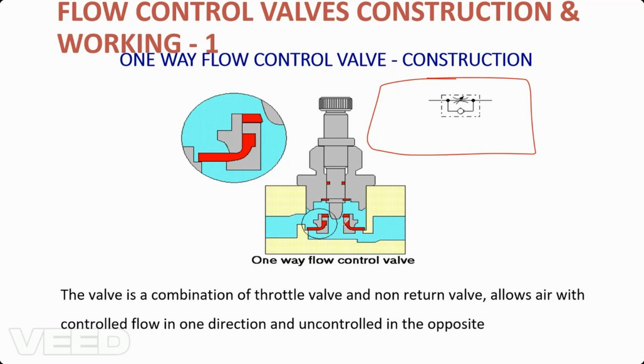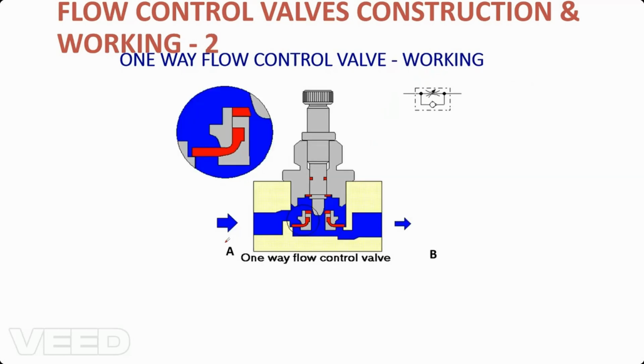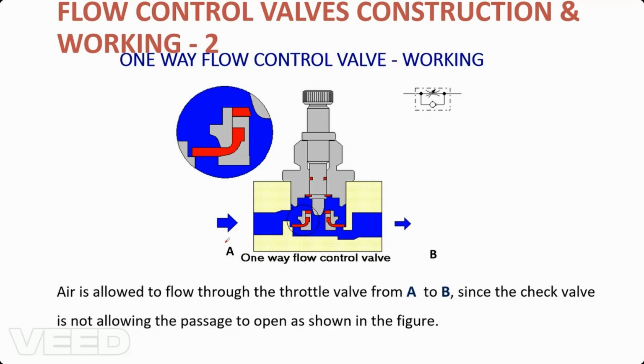If you see in this component, when air is flowing from A to B, there will be restricted flow. Here you can see when air is flowing in this direction, it will flow this way and this way. Here we have an opening level that can be adjusted with the screw.